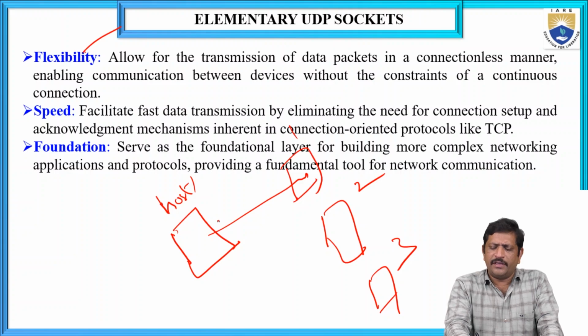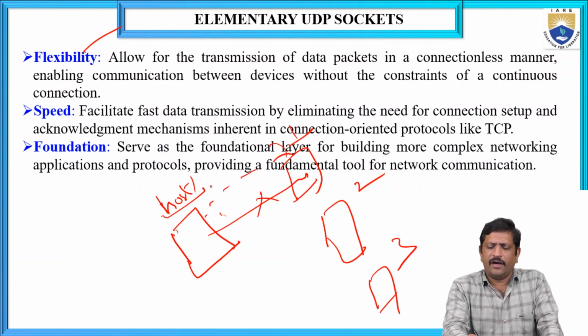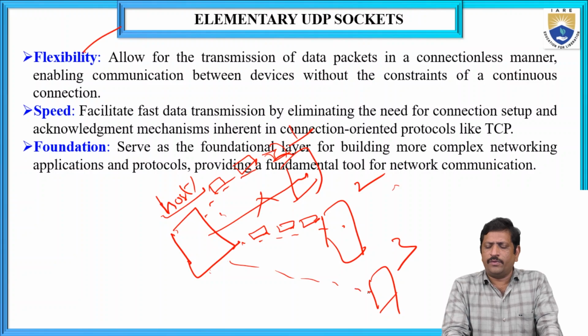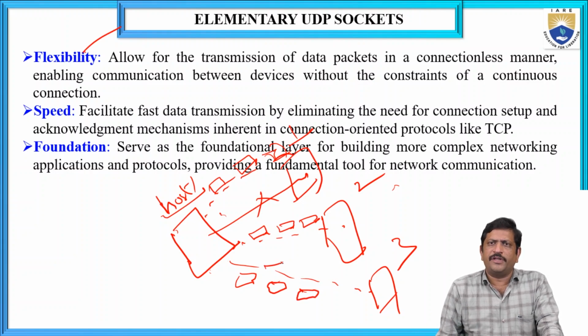Here, a connection is not required from client 1 to client 2. Without requiring the connection, the data packets can be transmitted. The data packets will be transmitted from host 1 to host 2, and in wireless communication also the data packets can be transmitted.